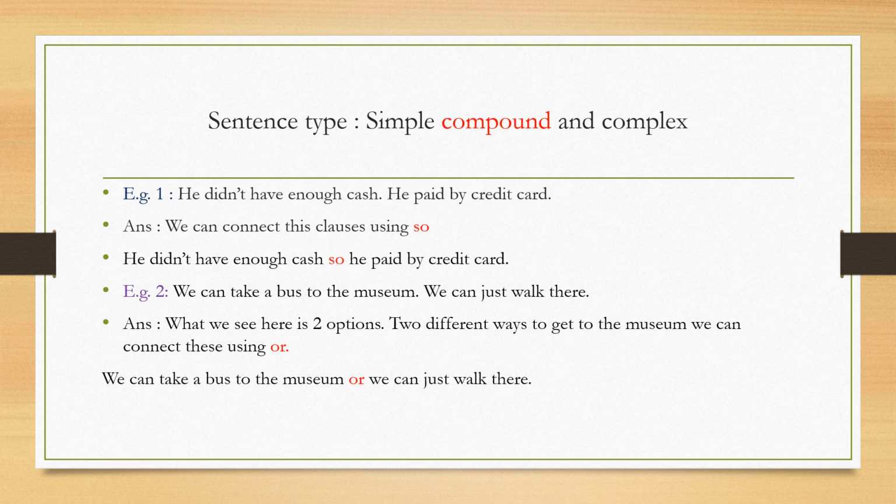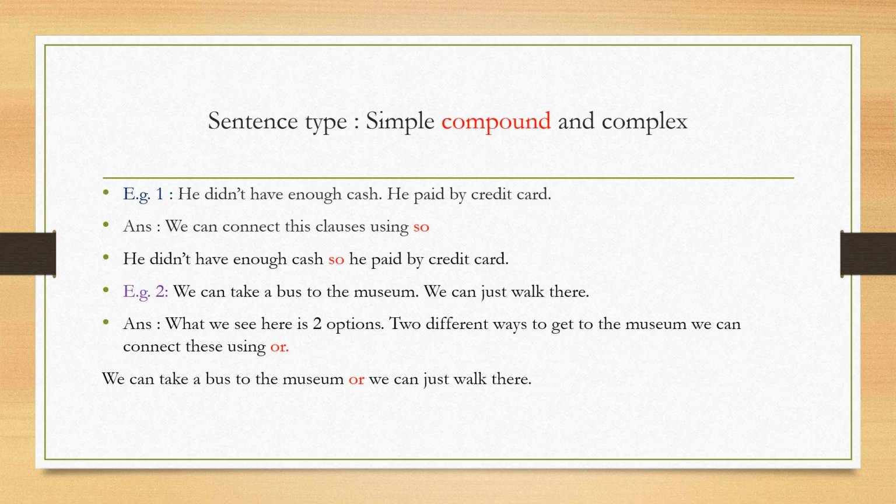A few more examples of compound sentences. He didn't have enough cash. He paid by credit card. We can connect these clauses by using so. He didn't have enough cash, so he paid by credit card. Two independent clauses. He didn't have enough cash.